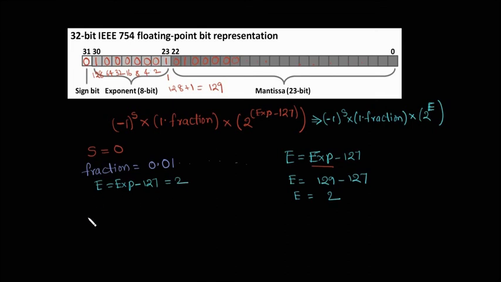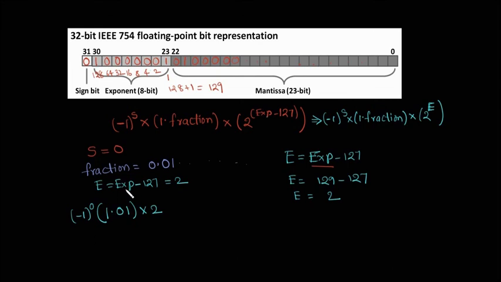So the final number is minus 1 power s, where s value is 0, into 1 point. This 1 is always assumed. We don't need to have the 1 value here. This is implicitly assumed. By default this is 1 and the fraction value is 0.01, into 2 power. What do we write here? We don't write this exponent value.